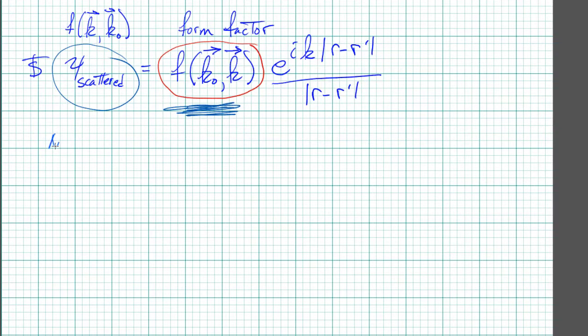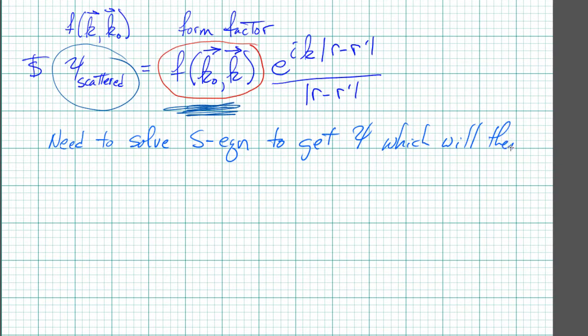So we're going to need to solve the Schrodinger equation to get psi, which will then give us f of k naught k. So that's the plan.